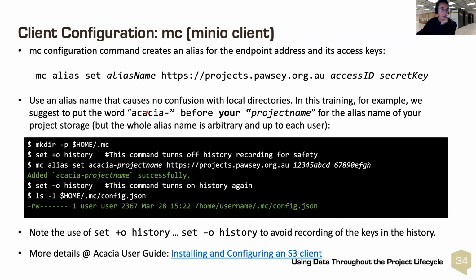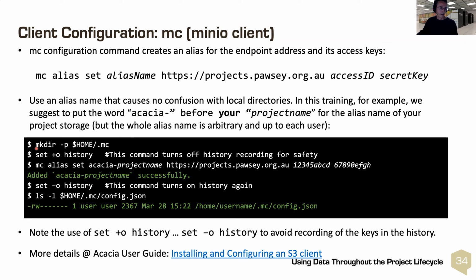When there is some ambiguity, weird things can happen. You can start writing into your own file system. So we recommend using a name that clearly says this is an alias name for Acacia. We recommend using the word Acacia, then dash, and then something else, but that is your own choice at the end.